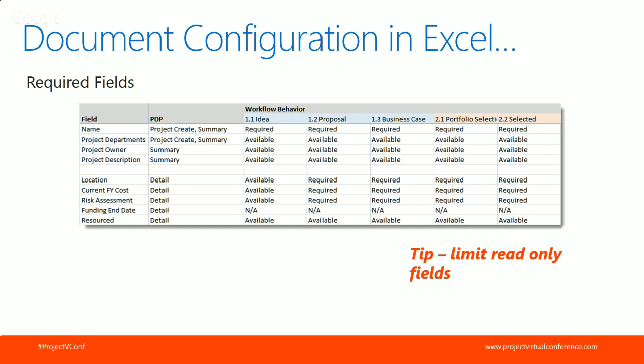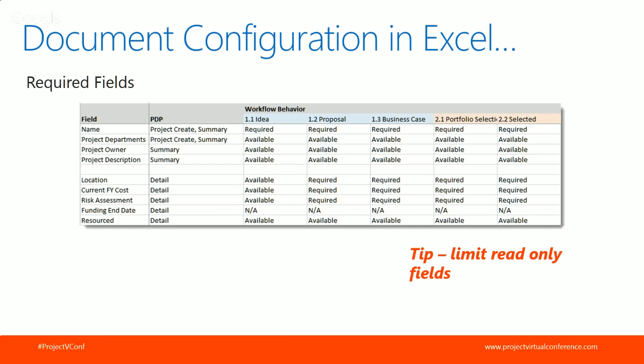And really, to fit all of this content into an hour, I'm not going to have time to go over the detailed configuration in the project web app. So we're kind of just sticking towards workflow topics, but I will show you generally where those are found. The idea is that, based on information in this worksheet, you're going to make project detail pages, or PDPs, available at certain stages in the workflow.